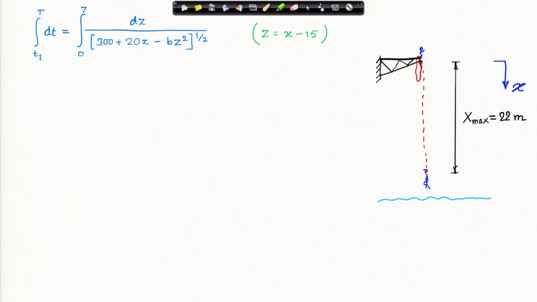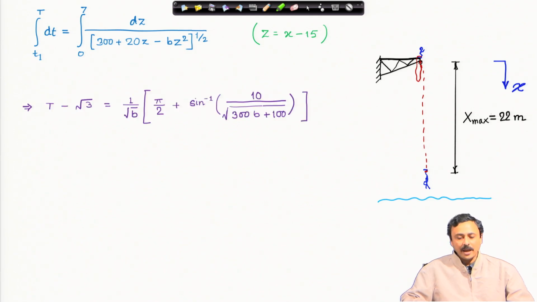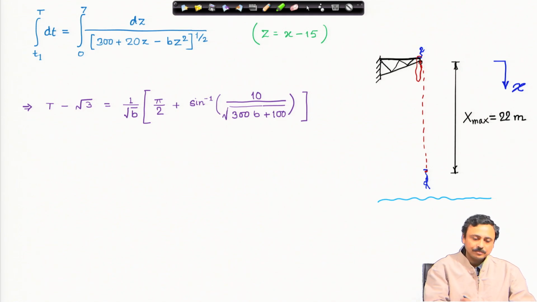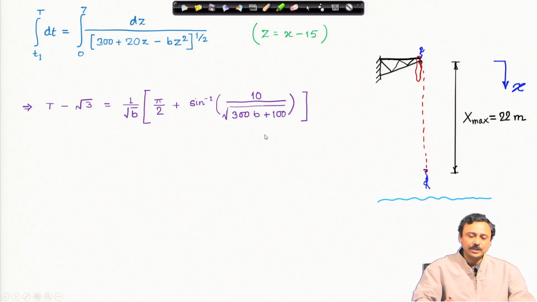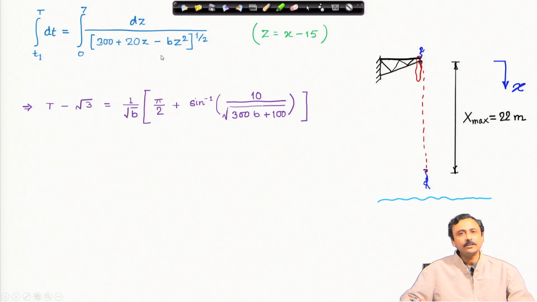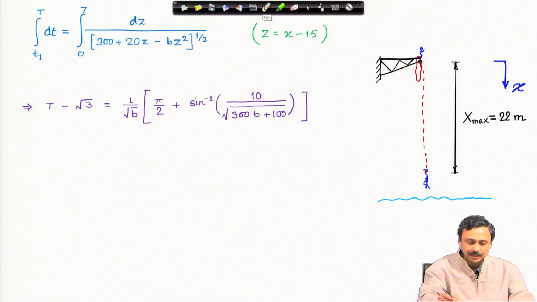This integration requires one substitution, I mean restructuring the denominator and making a substitution, and this I again leave to you. This is straightforward. You will get the time elapsed in this form. There is a sine inverse expression. So, you have to convert this into a complete square and complete the integration.